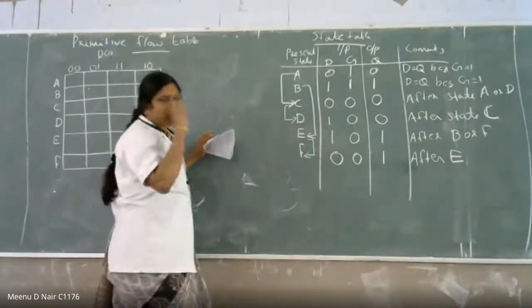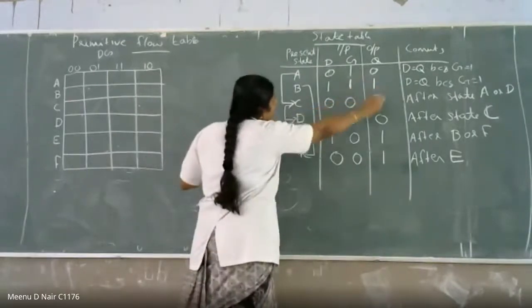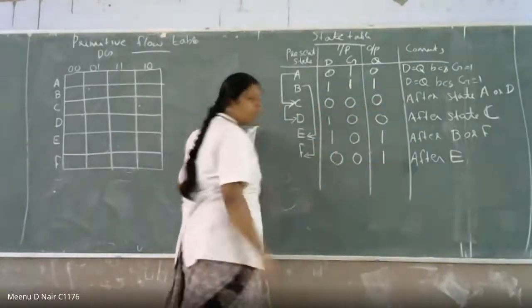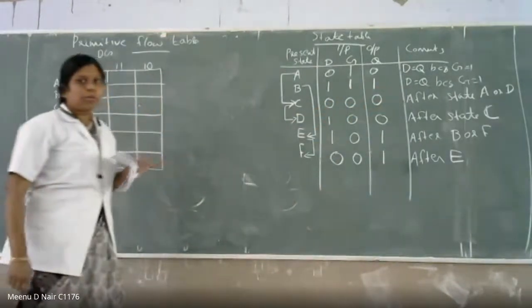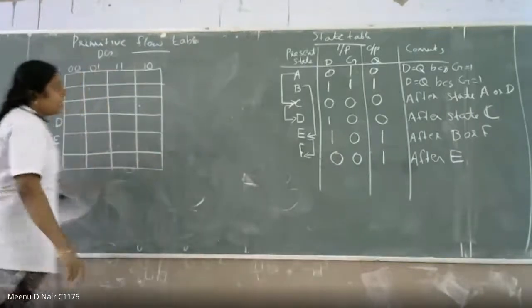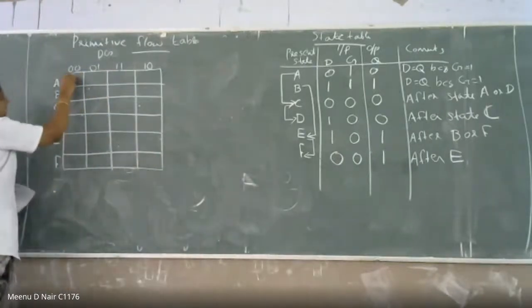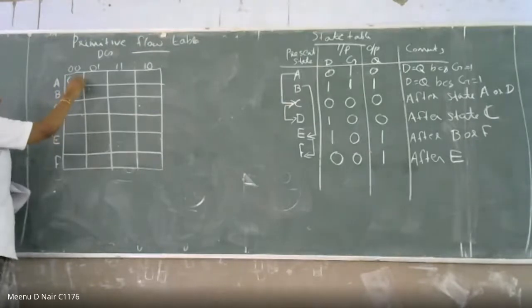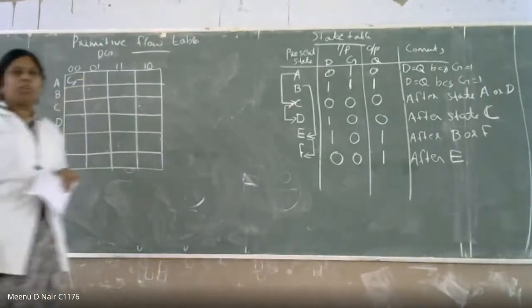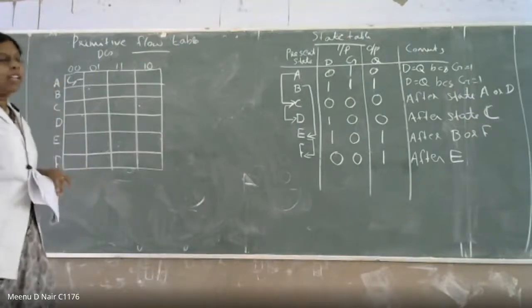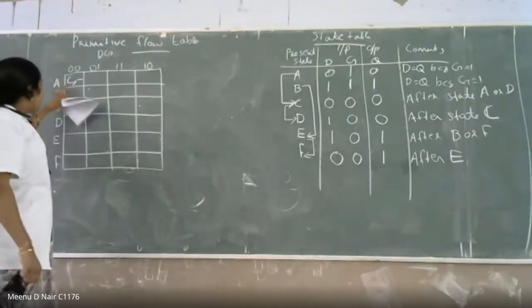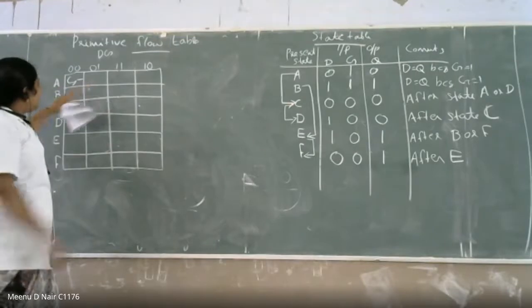So here you have to check what the output is. Here it is 0 and here it is 1. So which one do you have to select? You have to select C, right? So you can write C comma dash. Why is it dash? Because your output is not known. You do not know the exact output, right?